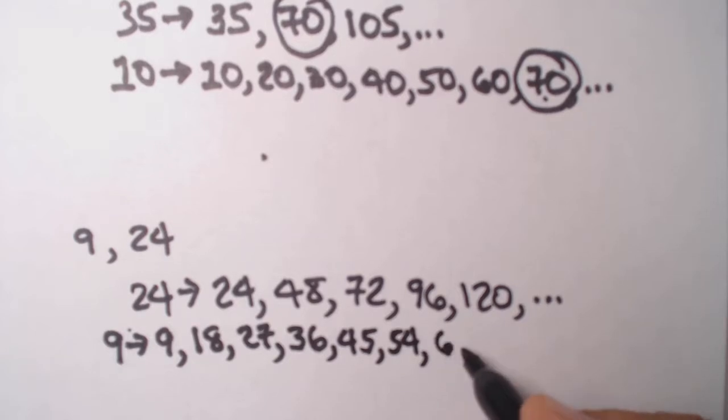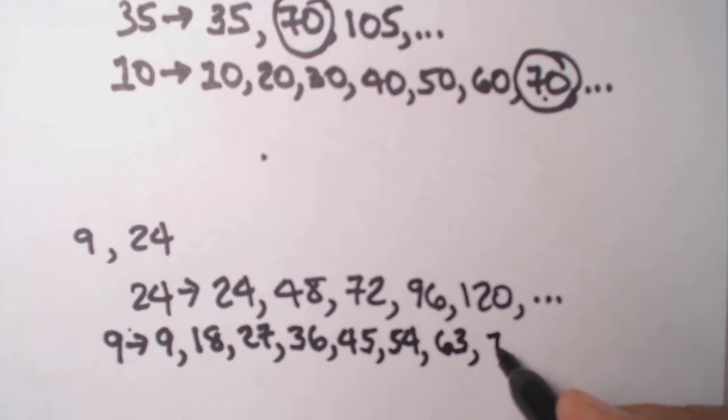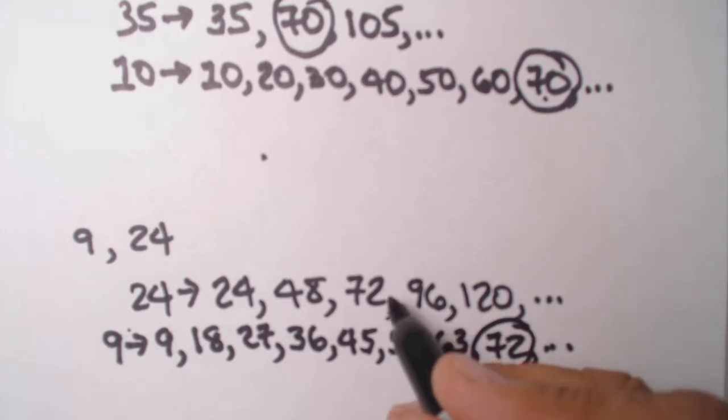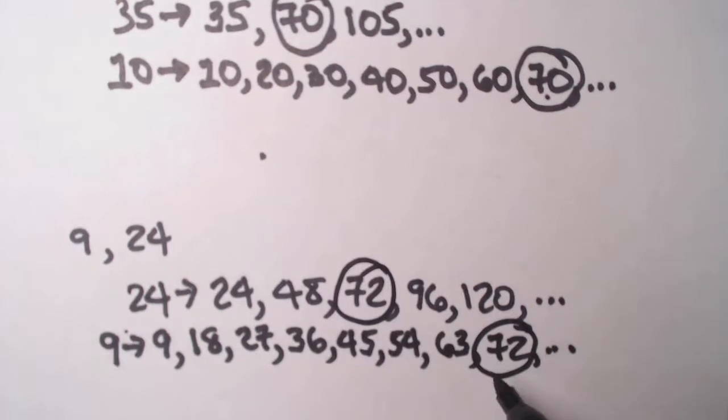Add 9, we get 63. Add 9, we get 72. Well, we could continue on out here, but notice now we have hit a common multiple in both of these, 72. Okay, so here we go. 72 would be our LCM or LCD.